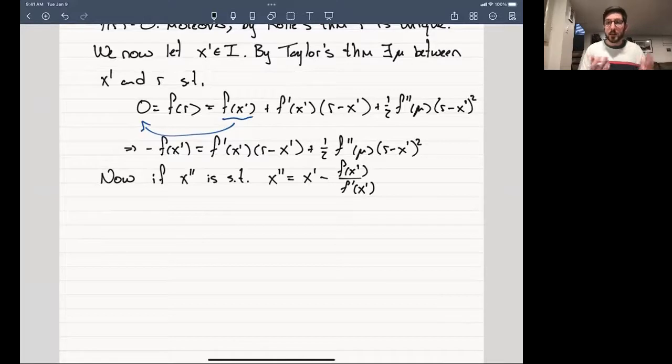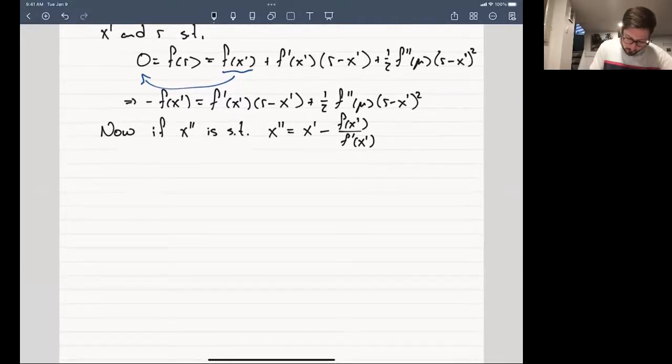So I don't want to have to say it works for x1 and x2, then it also works for x2 and x3, and then x3 and x4. I'm trying to keep it very general. So if x double prime is the Newton update here, according to this Newton method procedure, then let's call this star, maybe, just so I can reference it.